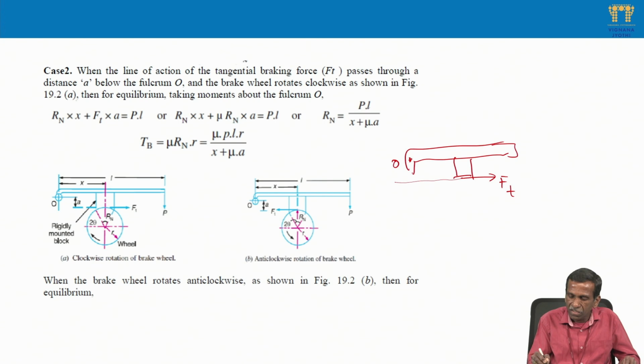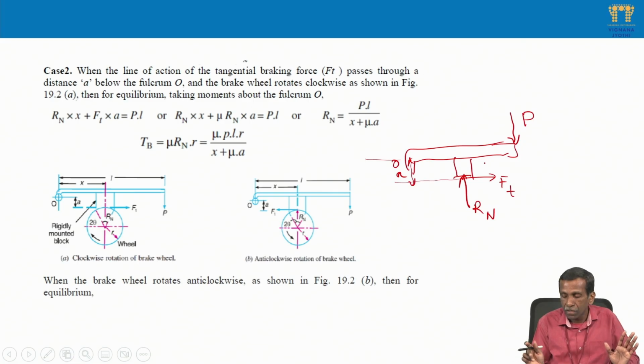If you draw the line of action at O of the same line of action as Ft, then this distance is A. The effort is P, then the normal reaction is Rn. This is the free body diagram of the block or shoe, because the shoe is attached to the lever.